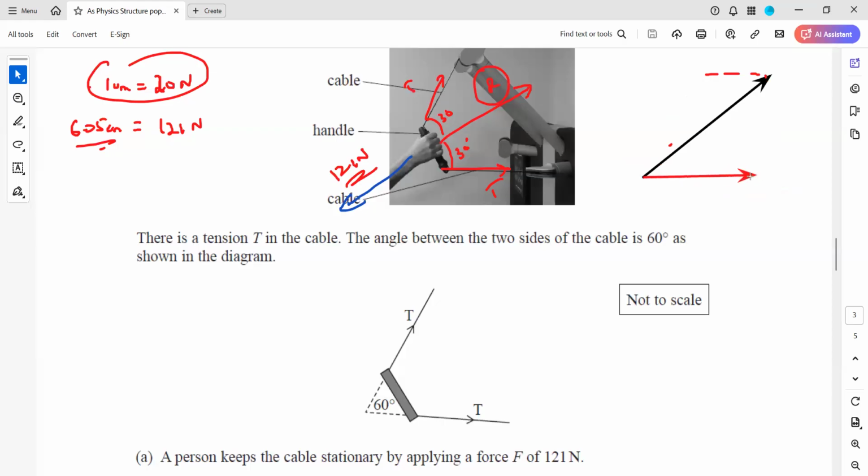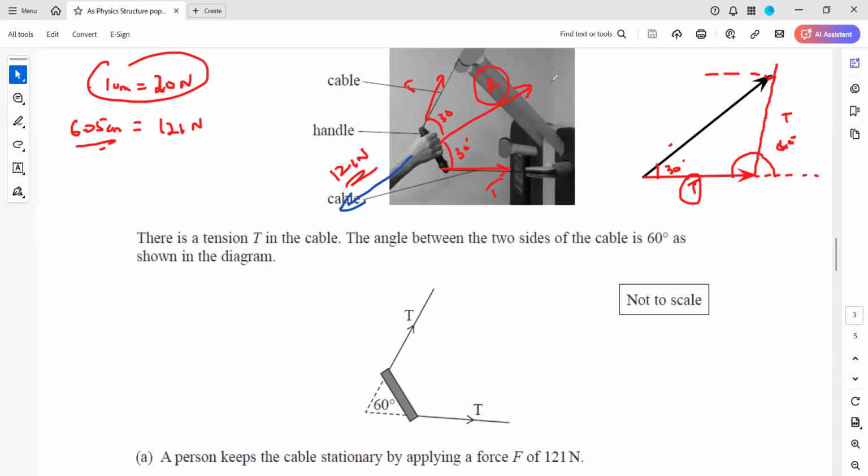And then another T. What is the total angle between them? Total angle is 60. So you place your protractor here and mark 60 degrees and draw a line. So this angle will be 60 here and this angle was 30, and it should meet here. So this gives an idea of the value of T. You measure the length using a scale, and that will equal the tension in any one of the strings, and that will be the same.